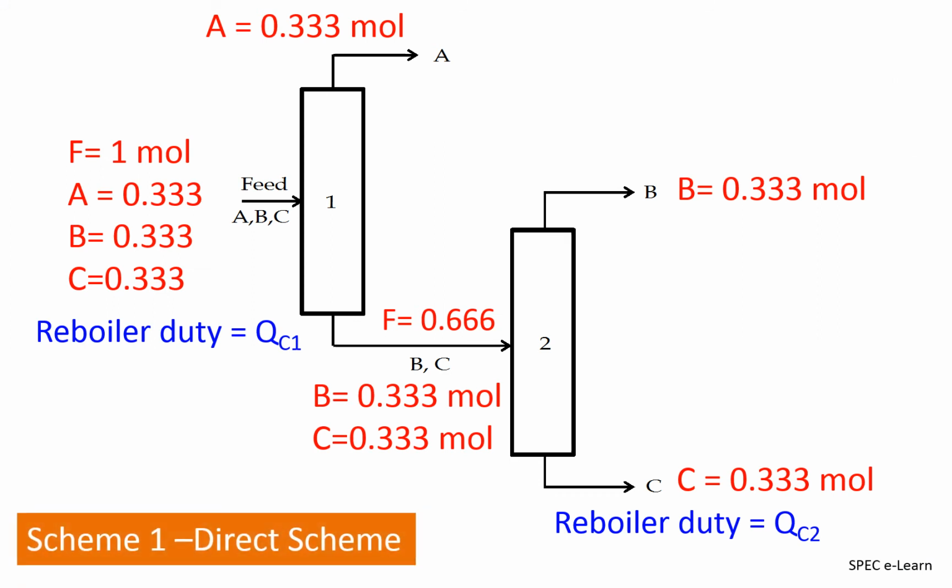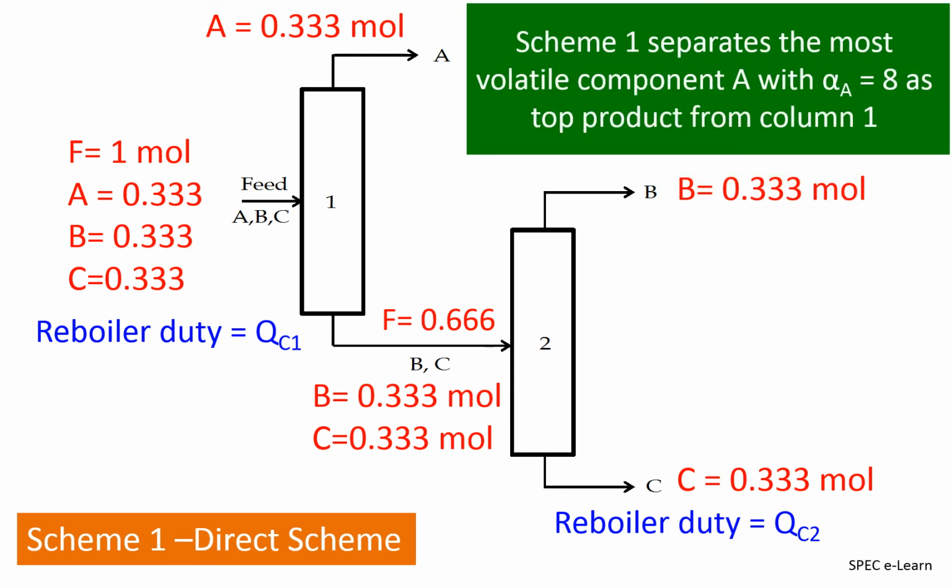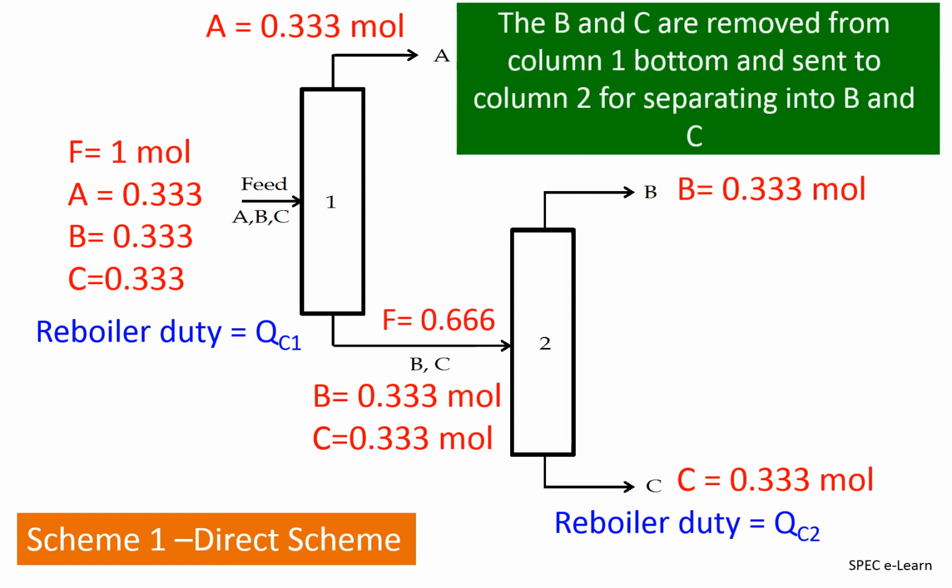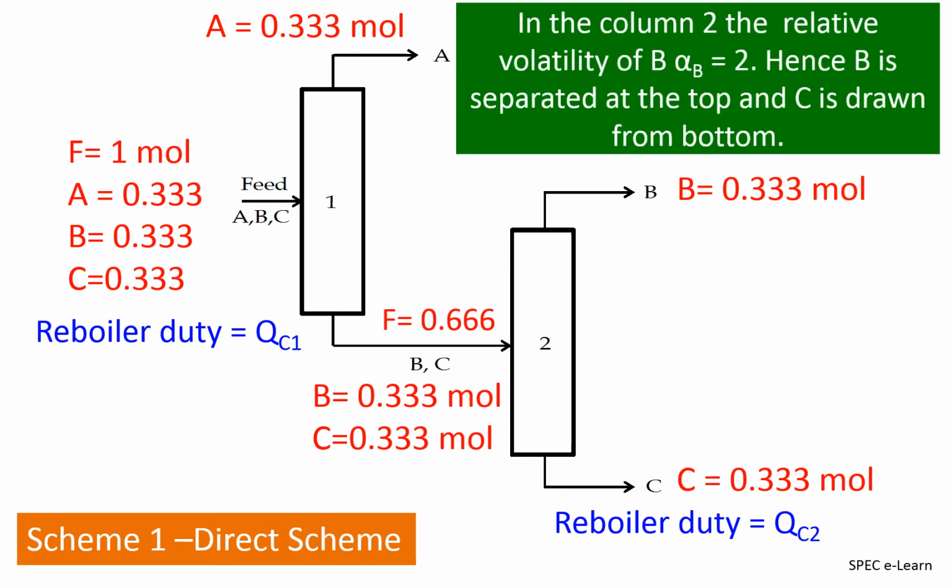Scheme 1 separates the most volatile component A with alpha A equal to 8 as top product from column 1. The B and C are removed from column 1 bottom and sent to column 2 for separating into B and C. In column 2, the relative volatility of component B, alpha B, is equal to 2. Hence B is separated at the top and C is drawn from the bottom.